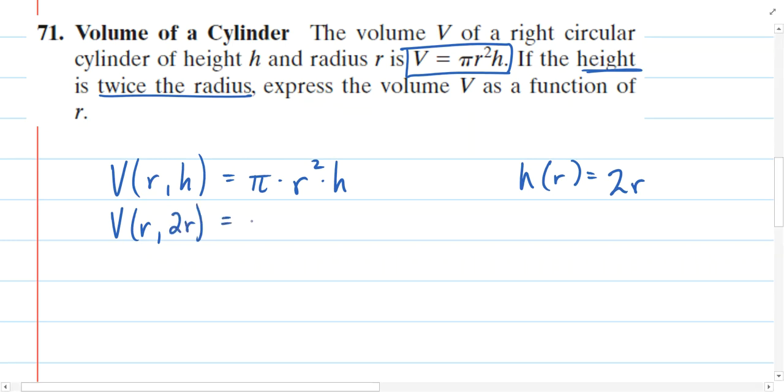And now we have pi times radius squared times 2r, and the volume based on r alone, since these two are alike one another, is simply 2 pi times radius cubed.